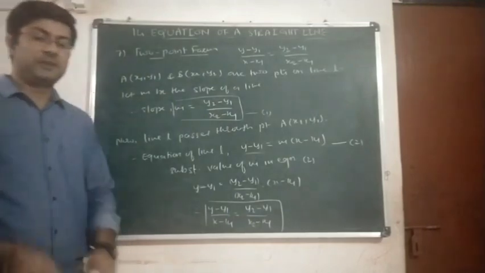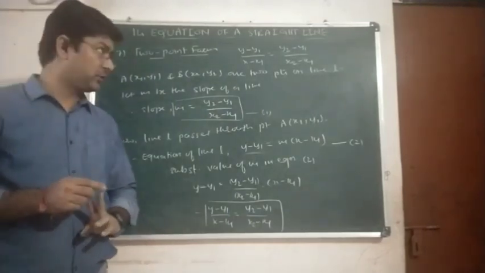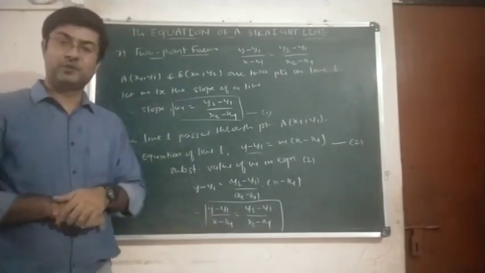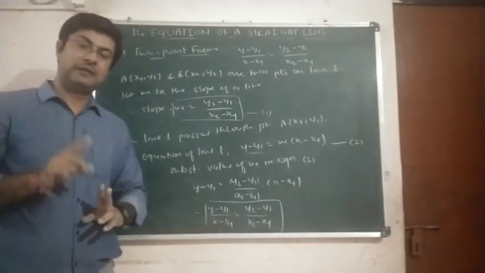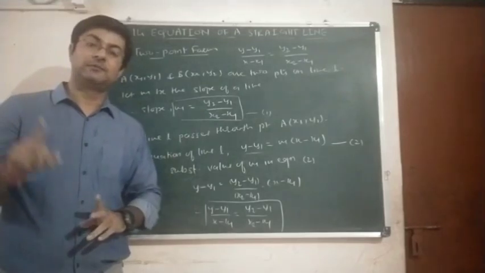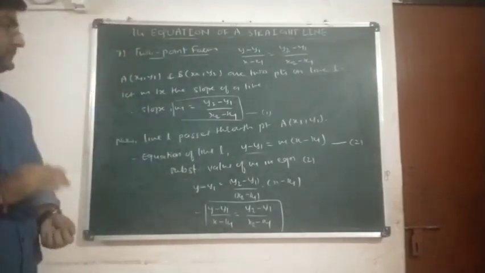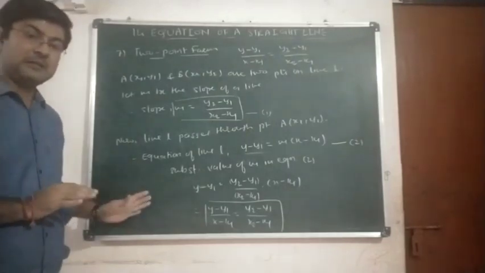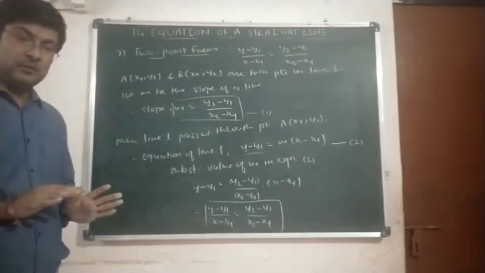Clear? So whenever you are given the coordinates of both the points, 2 points on a line, you can directly use this formula, where x1, y1 and x2, y2 are the coordinates of the given points. So these many formulas are there which you have to remember.